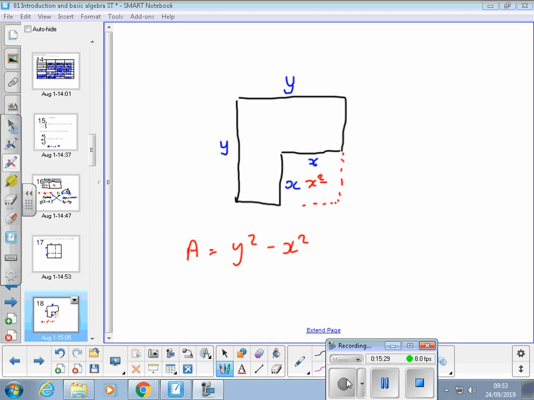Another way? No, it's not the same thing. What's that bit? And what's this bit?